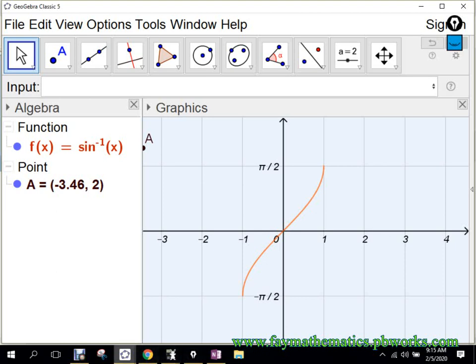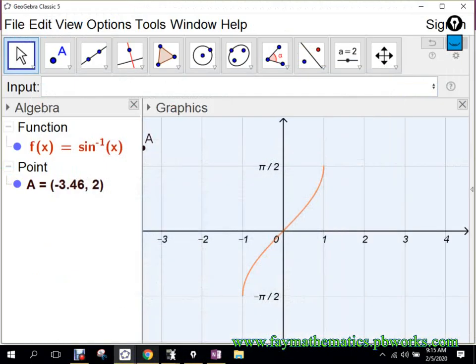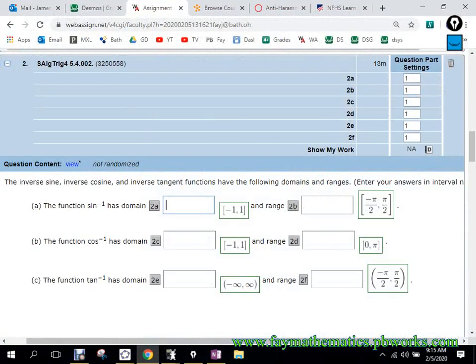Negative 1-to-1. So that's what we're looking at when it says the sine inverse has a domain. We type in negative 1-to-1. And the range, which is our y values, go from the lowest, negative pi over 2, to positive pi over 2. And that's going to be your range. That make sense? Okay.